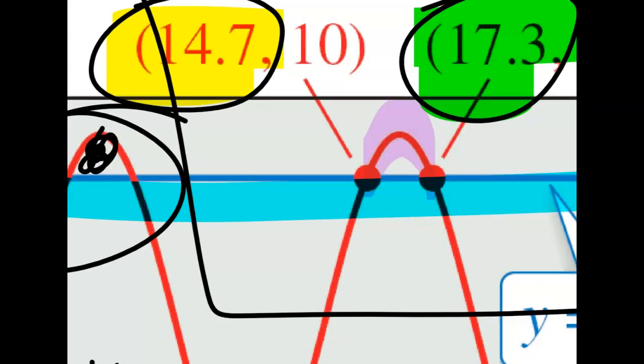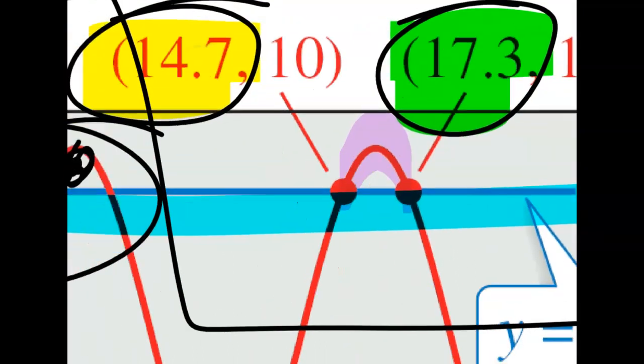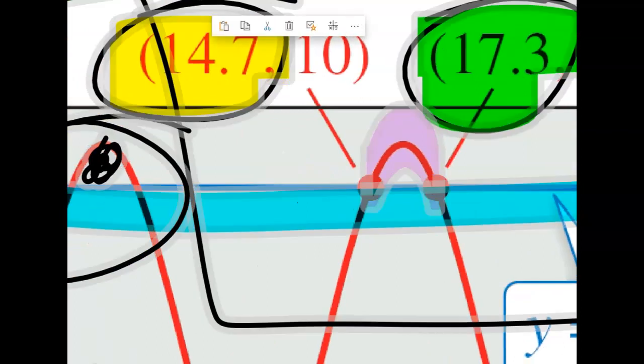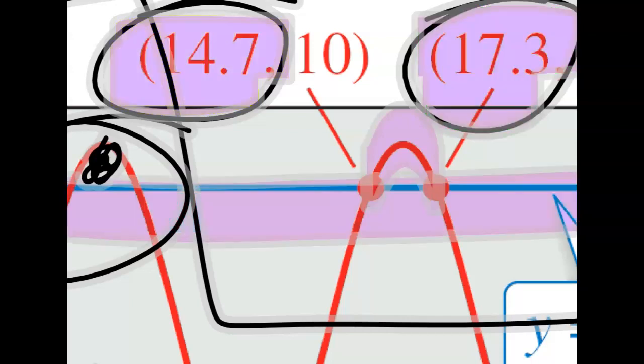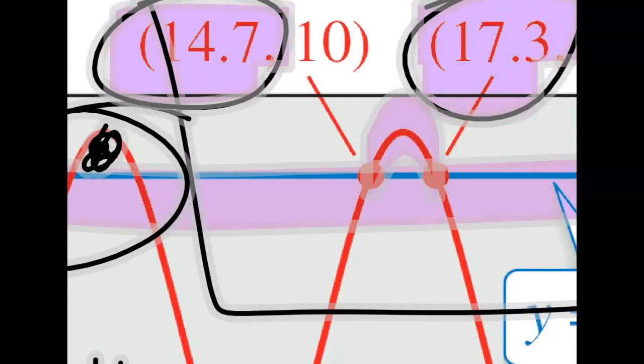If we do that trace option or find the intersections, we will get the numbers that I have highlighted here, 14.7, and then we will get the 17.3. So I also mentioned how the time from here to here is also a good time because the height will be actually greater than 10 feet.